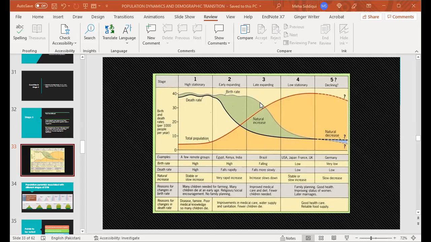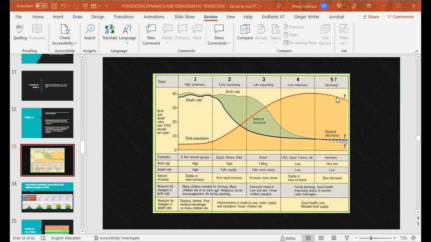While in stage 3, birth rate also starts falling, while death rate is falling more rapidly. Again, there is natural increase. And then comes stage 4, in which both birth rate and death rate are lowering, and this is seen in the developed countries, that is USA, UK, and there is a stable or slow increase in population growth, due to family planning, good health, and improved status of women.